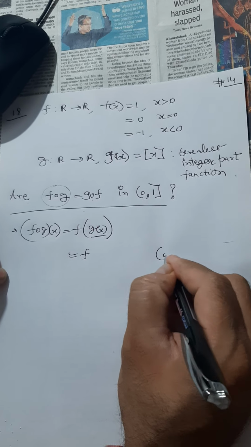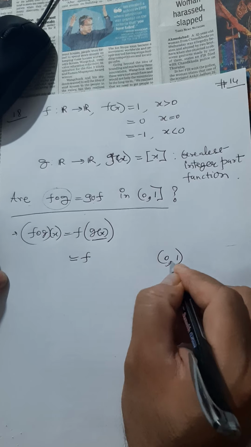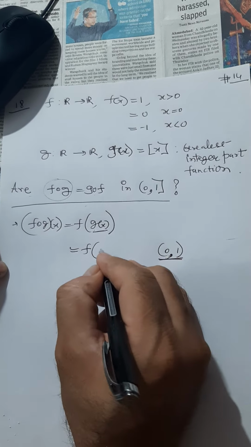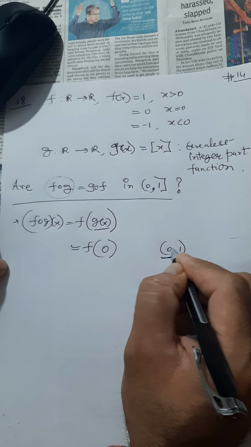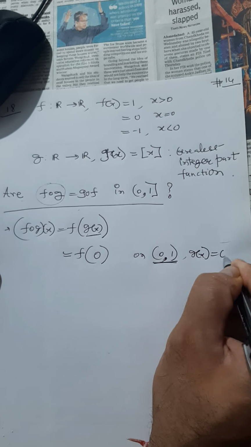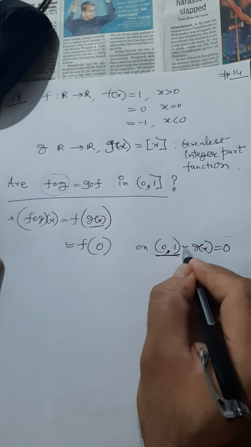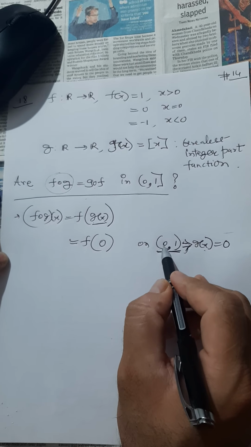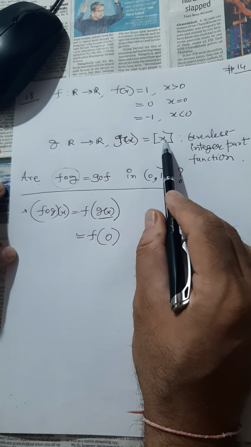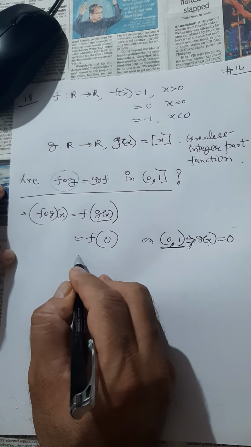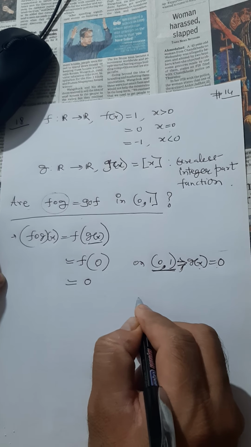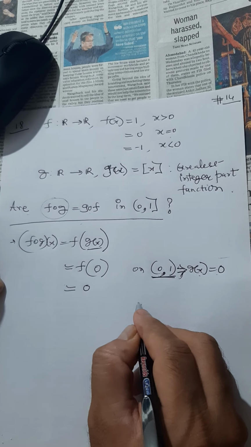If I take values from open interval 0 to 1, then gx will be 0, the box function. So gx is 0. That is one possibility. You take any number 0.1, 0.2 up to open interval 0, 1, then the box function takes 0 value. So here 0. So what is f of 0?